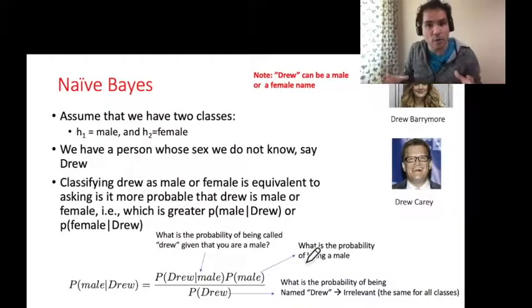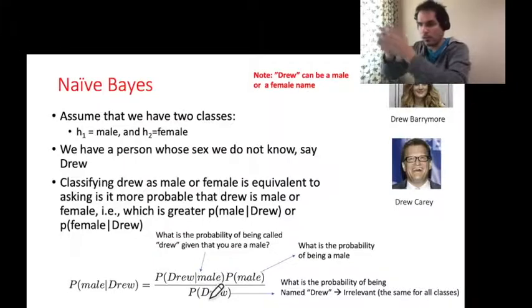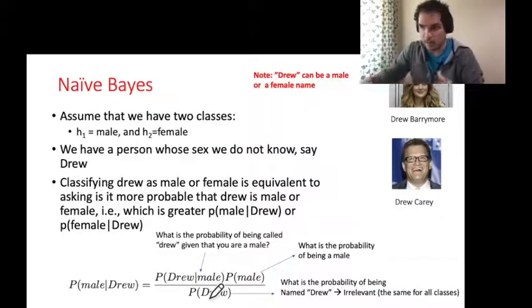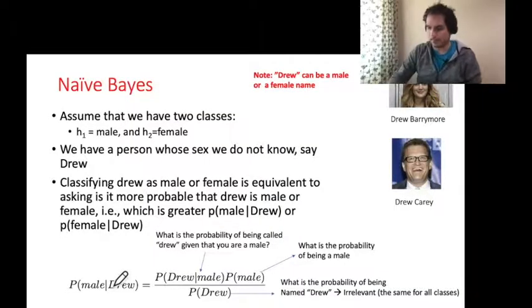These probabilities are computed using the information in my database. In this case I'm doing it for male, but you will have to repeat this for female, and then we see which one is the most likely outcome.